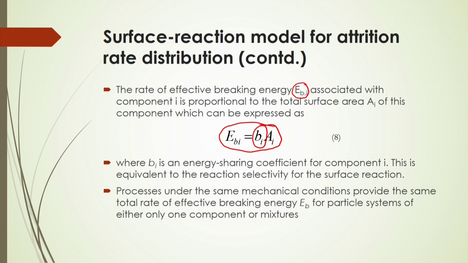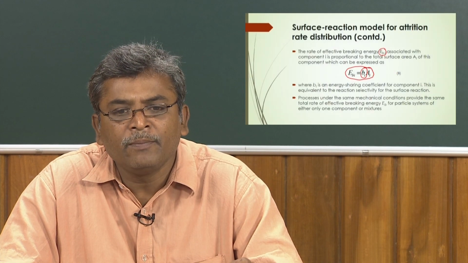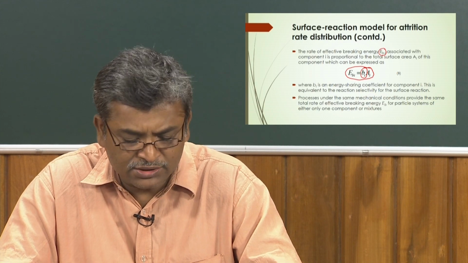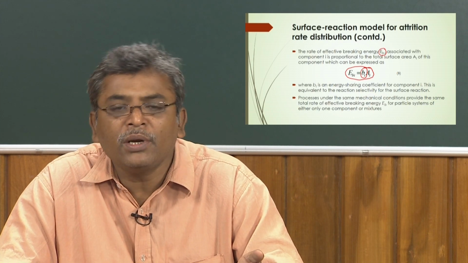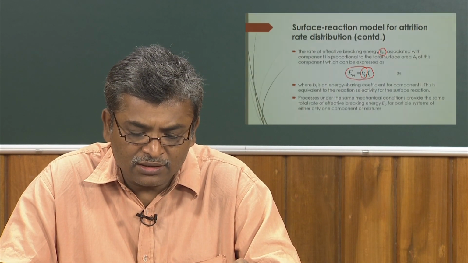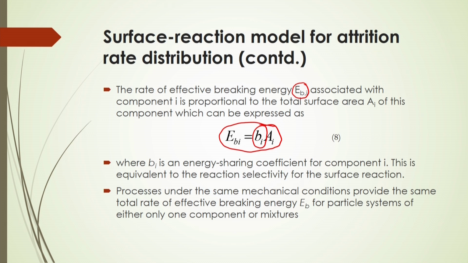Now, if you are using the same mechanical conditions, then the total rate of effective breaking energy should be the same for the particle system of either only one component or a mixture. So, very interesting, because of that surface reaction, the rate of effective breaking energy you can calculate based on the surface area generated for that particular component.